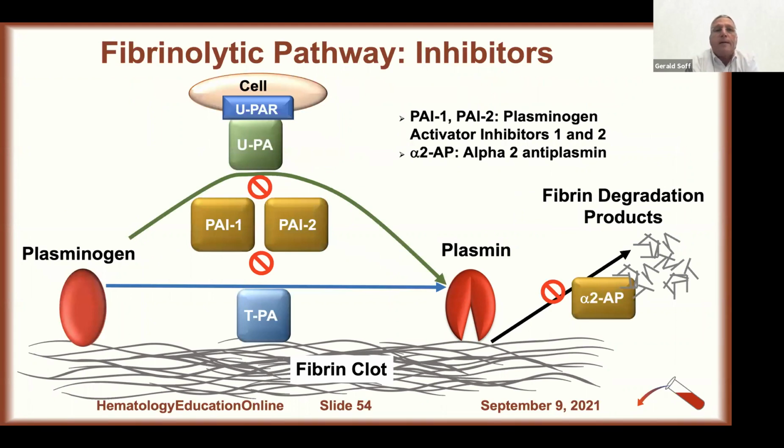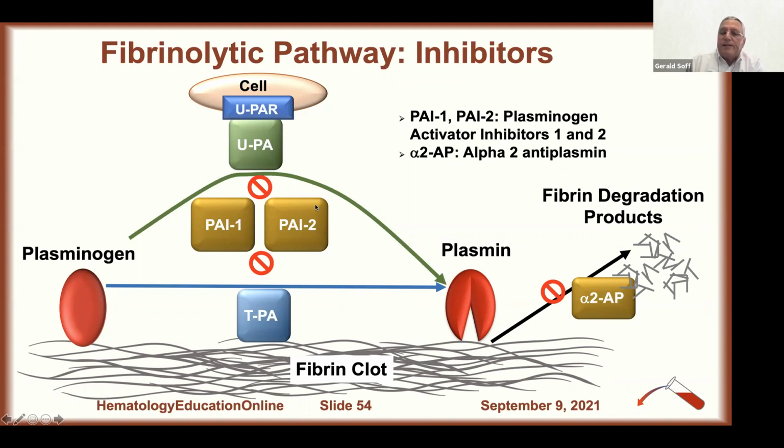And for every inducer, every activator, there's always inhibitors, just like we talked about for the heparin antithrombin and the protein C, protein S, thrombomodulin system. So just as plasminogen has the ability to get converted to plasmin, there's two inhibitors of plasminogen activators, PAI-1 and PAI-2, or plasminogen activator inhibitor 1 and plasminogen activator inhibitor 2, shown here. And then there's a plasmin inhibitor, alpha-2 antiplasmin.